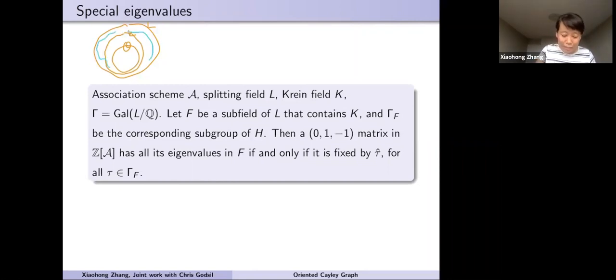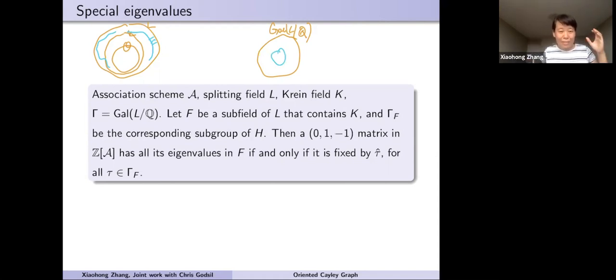This result tells us we just need to go back to the Galois group over T, and check the Galois group corresponding to the subfield E.